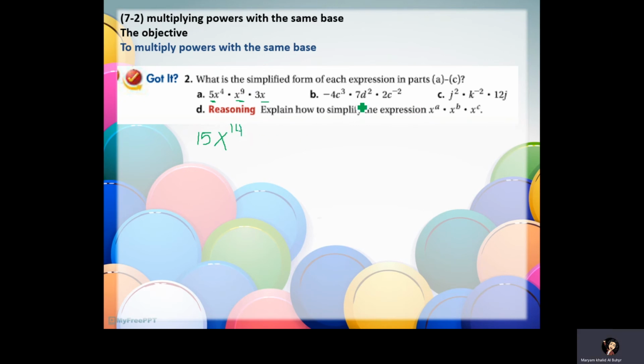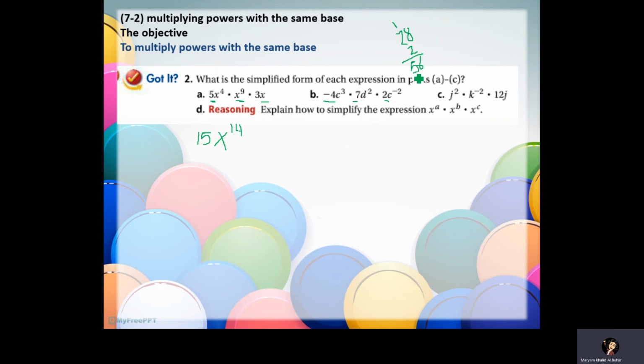I will continue with this one. Negative 4, 7, 2. So 4 times 7, it's what? It's a 28. 28 times 2. Let me do it step by step for you. 28 times 2 equals 16, then 4, 5.